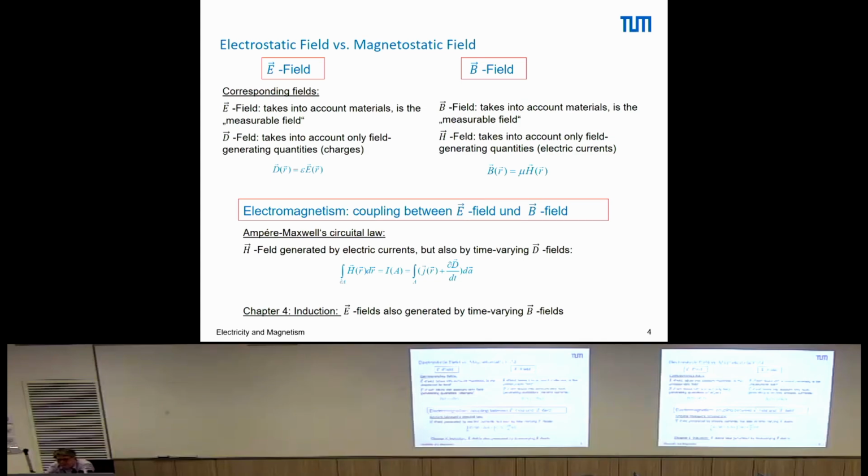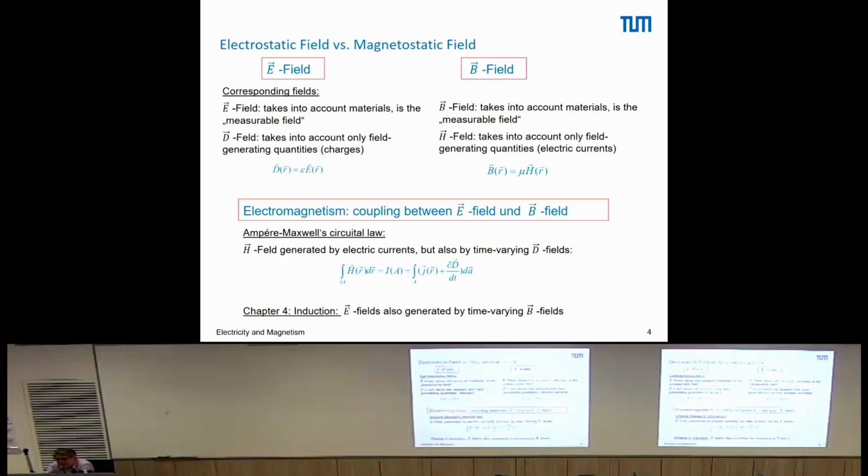You see the D field is a permittivity times the electric field, but remember that the origin of the electrostatic field is the Coulomb force, which was 1 over 4 pi epsilon naught. So you had brought in the material properties there in the denominator, and from that force field you have obtained the electric field by taking F over Q, right? So the D field is basically without your material parameters.